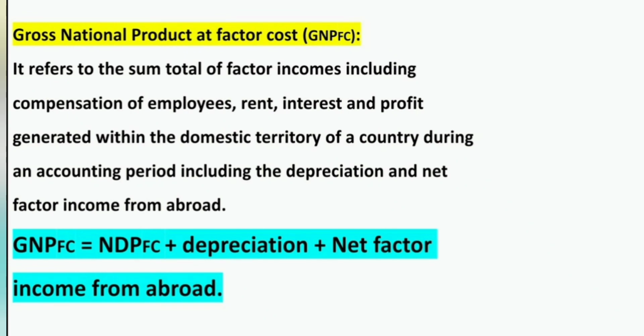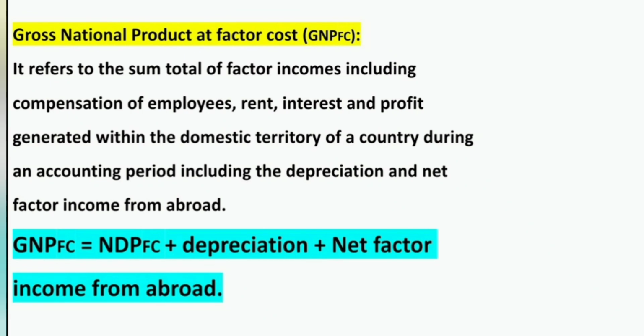or the domestic income, that is NDP at factor cost plus depreciation, you will get GDP at factor cost plus NFIA, you will get the national concept, that is GNP at factor cost.